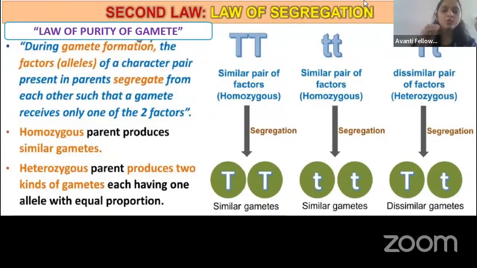Tell me, guys. Capital T and small t, together you will write or separately? Give the space. If you are writing, give the space. Capital T is a separate gamete and small t is a separate gamete. What happened here? Are they coming together, guys? No, right. They are segregating, right?